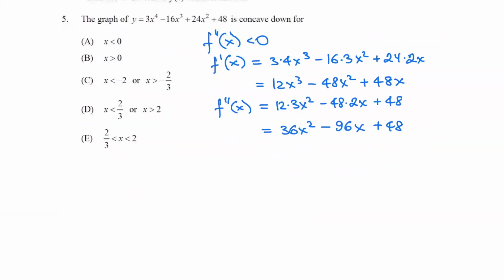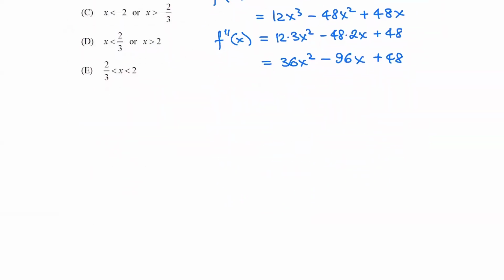So we need to find such x for which f double prime of x is equal to 0. And so let's solve this quadratic equation, 36x squared minus 96x plus 48 equals 0.